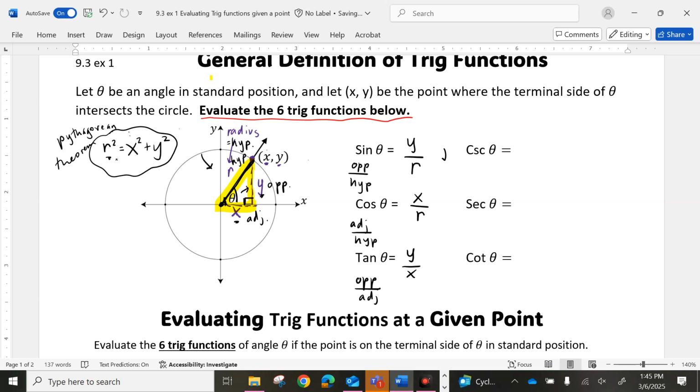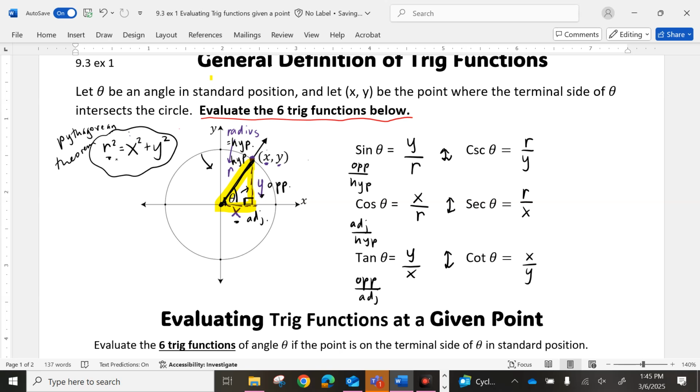And then for our cosecant, secant, and cotangent, remember these are just reciprocals, so we will simply flip them. So swap the y and x, swap the r and the x, and swap the r and the y.